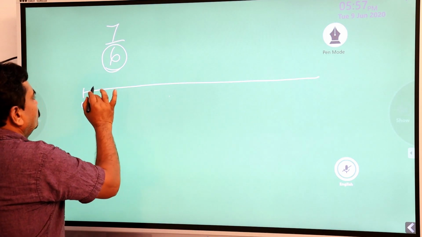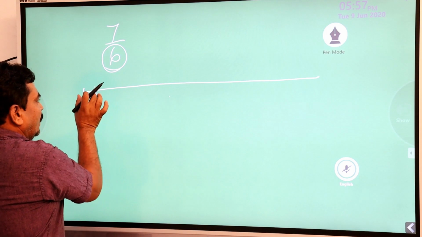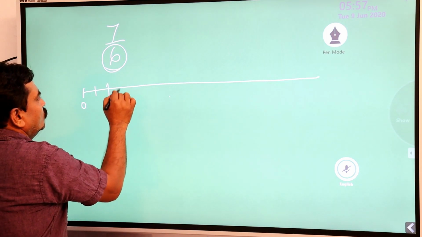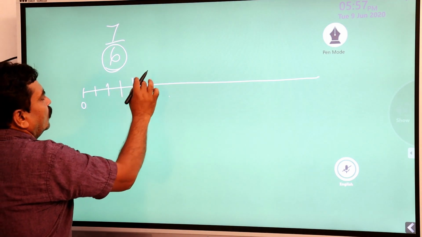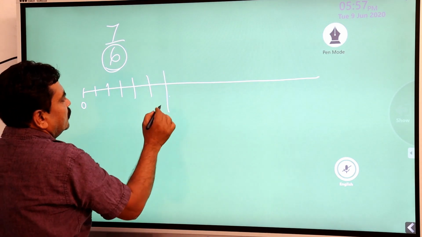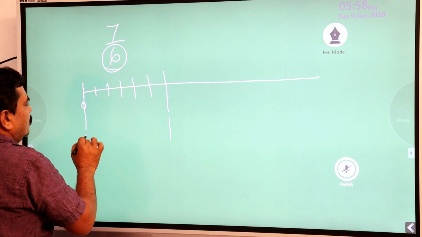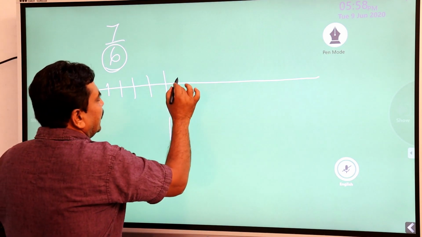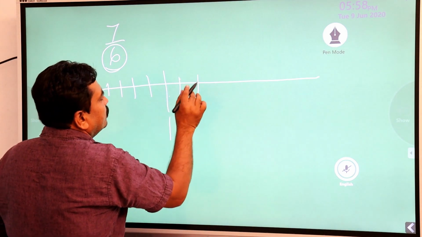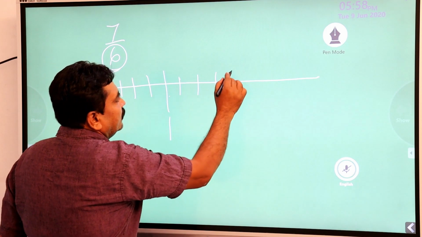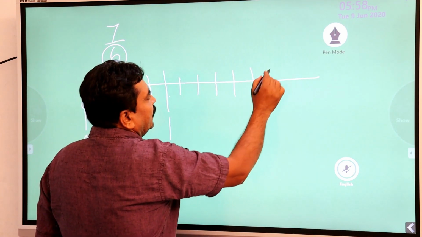So here 0, this is 1 partition, 2, 3, 4, 5, 6. This is 1. This is 0. This is 1. Then again 1, 2, 3, 4, 5, 6.